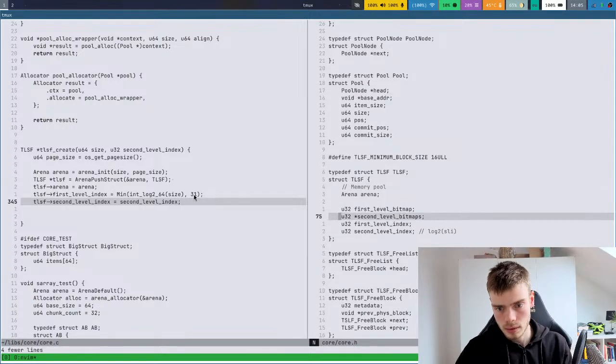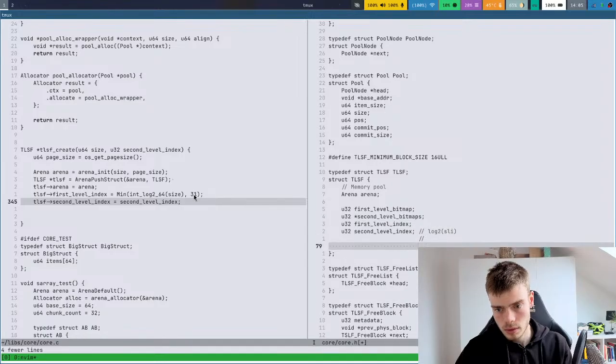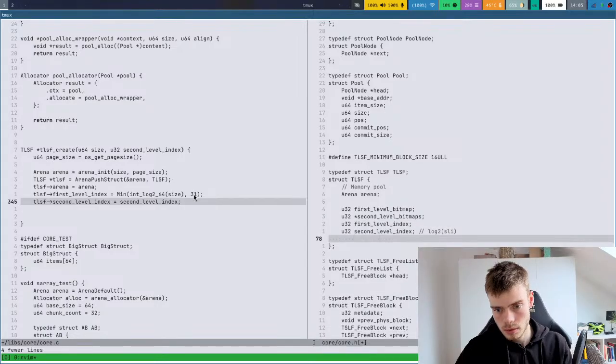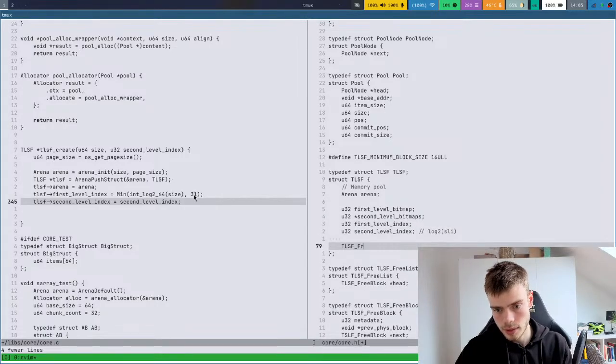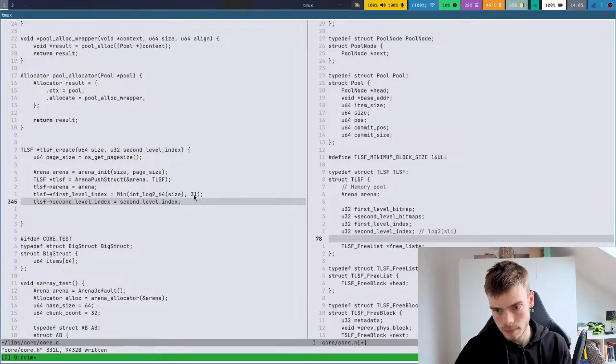So we need this thing, TLSF free list and free lists. And how many do we need?